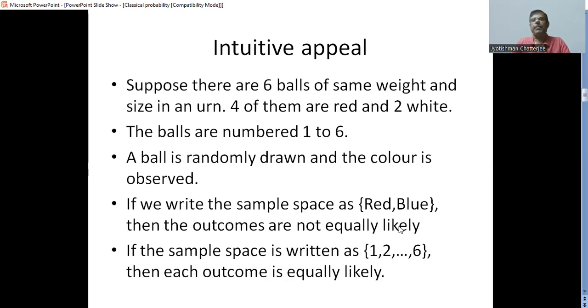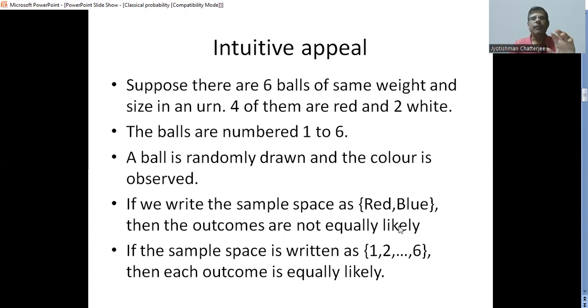Let's take another example. Suppose we have an urn, or a kind of bucket, where there are 6 balls. The balls are numbered 1, 2, 3, 4, 5, and 6. The balls are otherwise similar in shape, size, weight, etc. So just by feel, you cannot distinguish them.